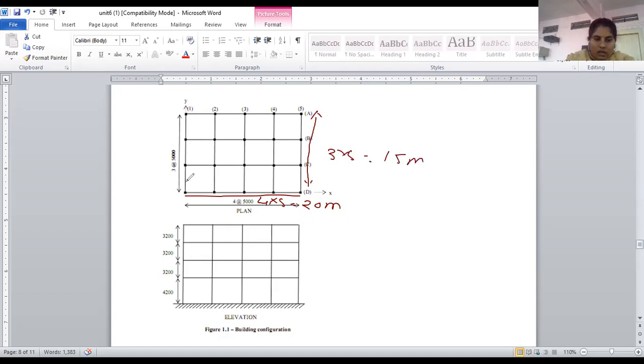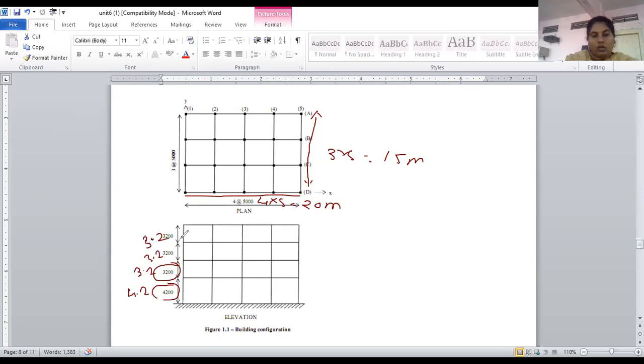Now we'll see the height of the building and the floor to floor height variation. For the ground floor, from this to this, 4.2 meter height is shown. After that, this is 3.2, again 3.2, and this is 3.2.